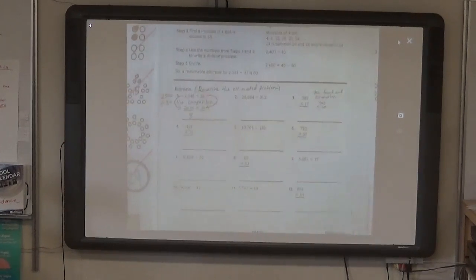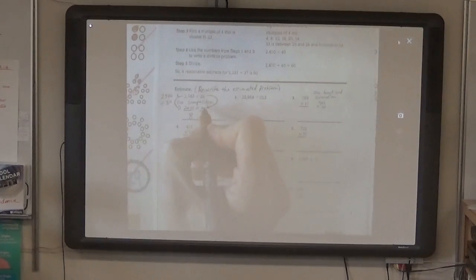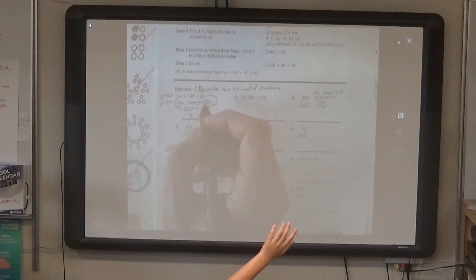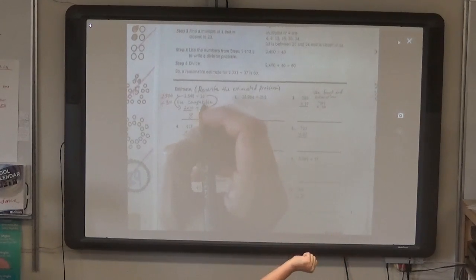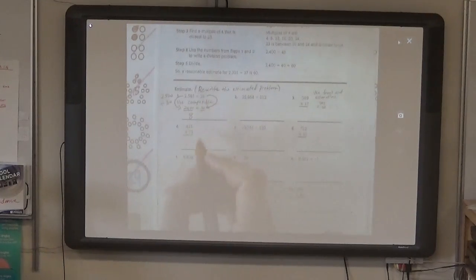Now, is the answer 8, or what do we do with the zeros when you're dividing? When you're dividing big numbers like 2,400 divided by 30, Bethany? You bring them down if it's multiplication.